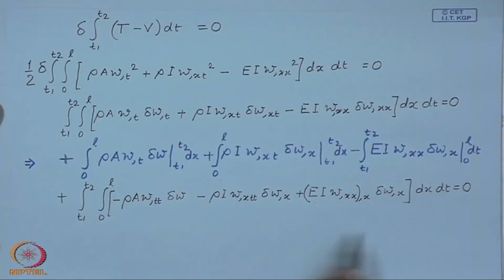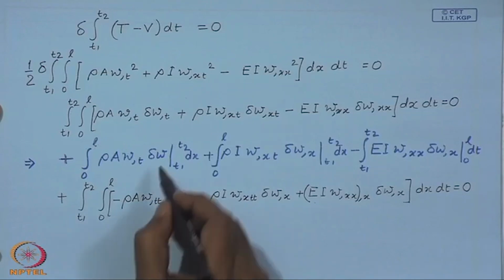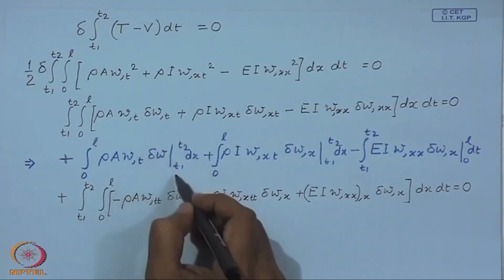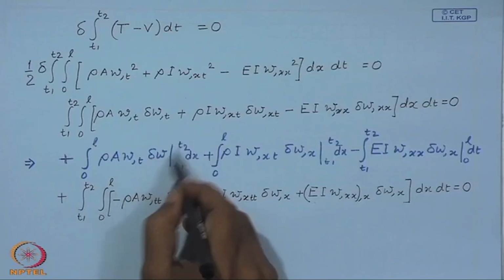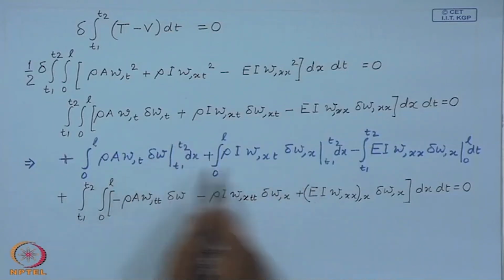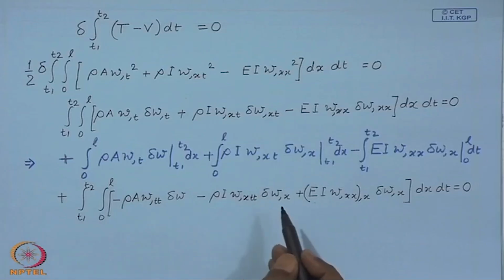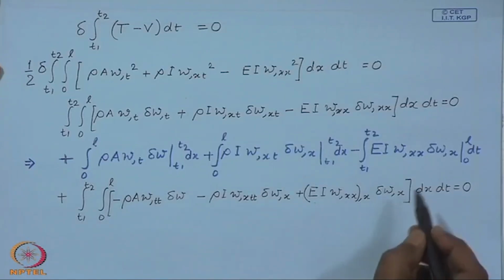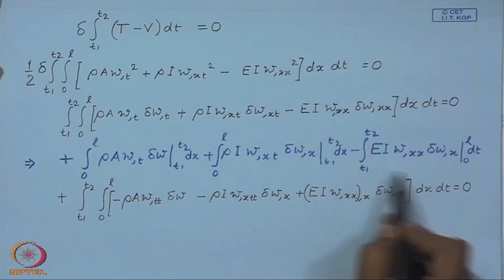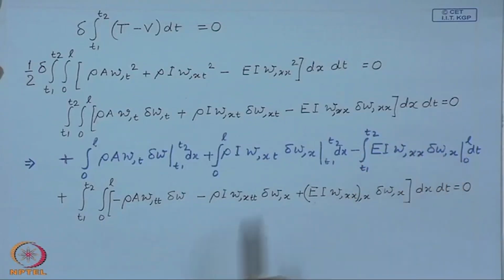So, this is what we are going to get. Now, here as we know that the variations must vanish at these two time points. So, these terms will vanish. So, we will be left with this as a boundary term.